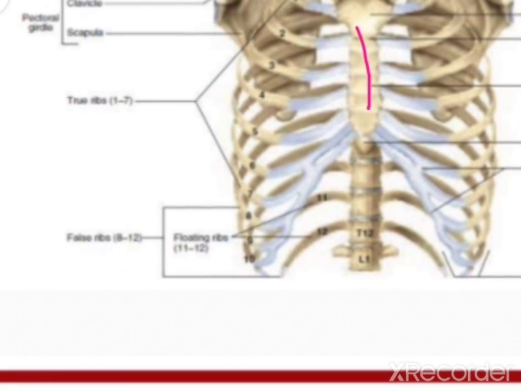Okay, this is the sternum, and this is your manubrium sterni. This is the body, gladiolus, and the last one is the xiphisternum.